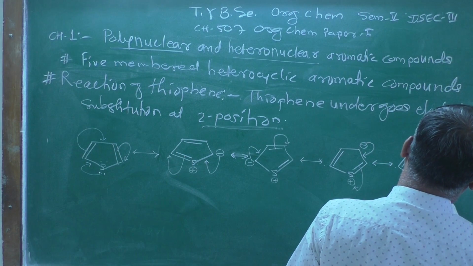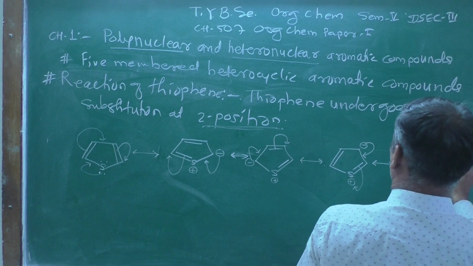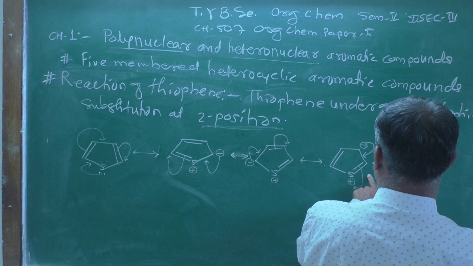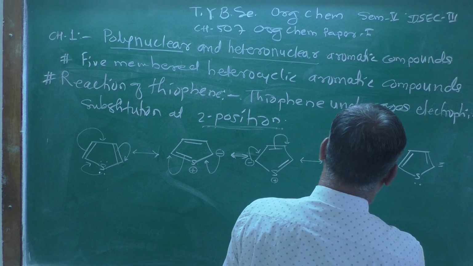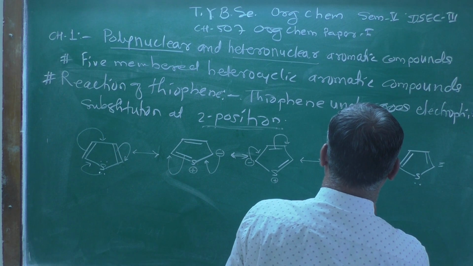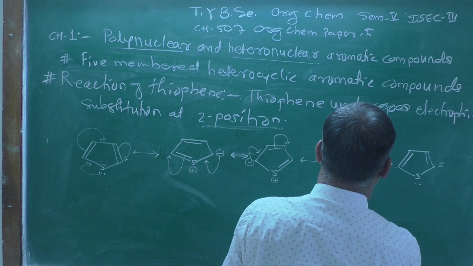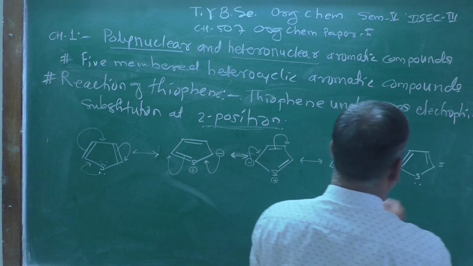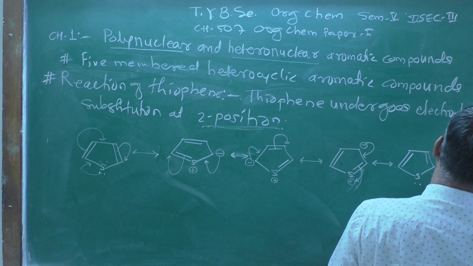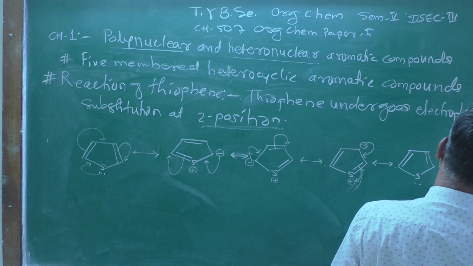So we can show the equivalent structures. This double bond is shifted from here. Okay, we can neutralize this negative charge. So we can represent the resonating structure like this.